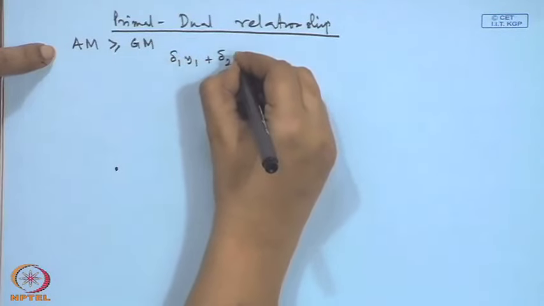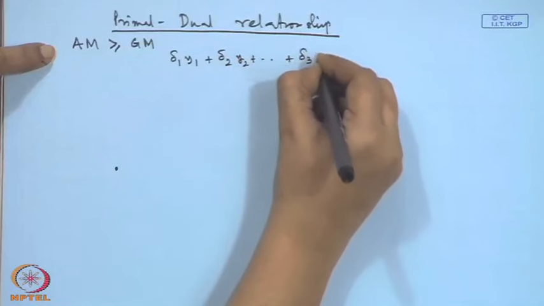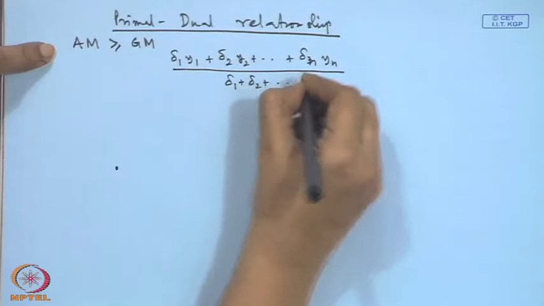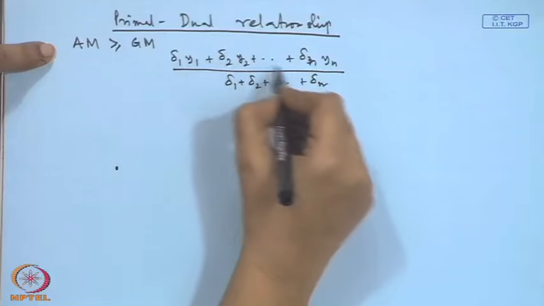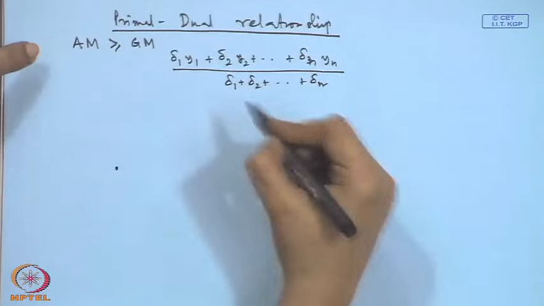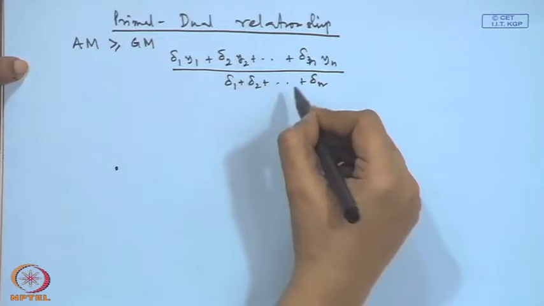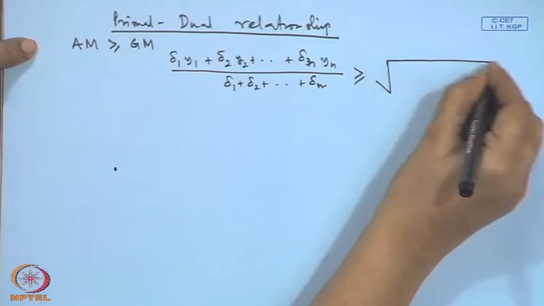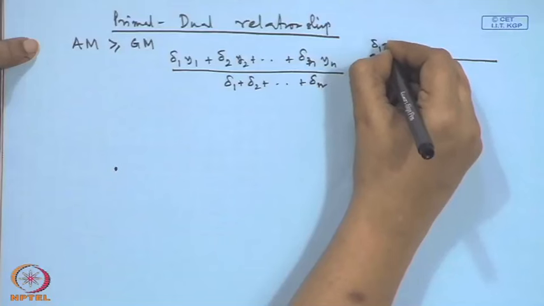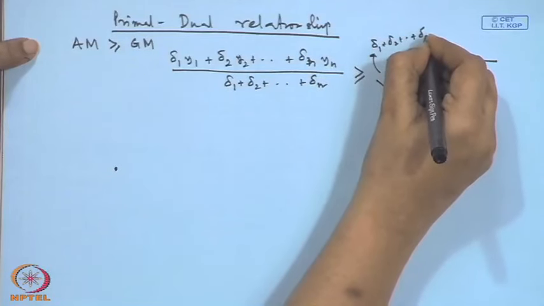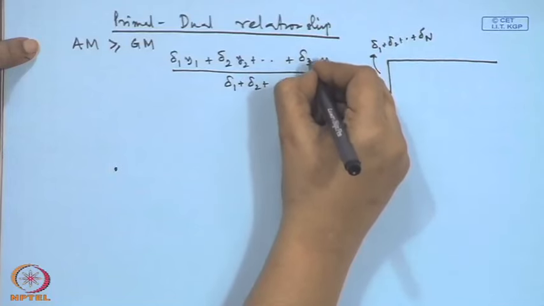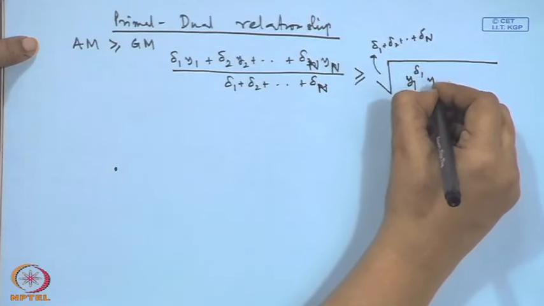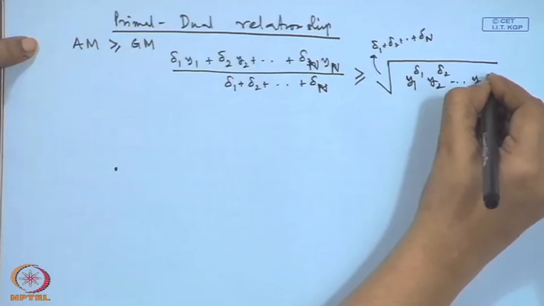Say these are delta 1, delta 2, these are all the weights, up to delta n, for y1 to yn. Since these are the weights, we should write delta 1 plus delta 2 up to delta n, capital N, in the denominator, and here we have y1 to the power delta 1, y2 to the power delta 2, yn to the power delta n.